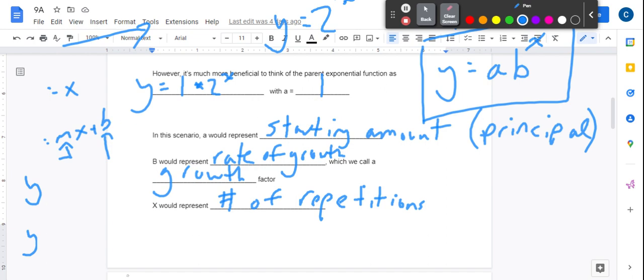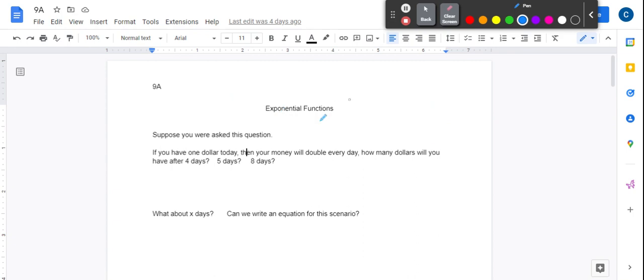We'll talk about how this thing works here. So if we have $1 today, that's going to make our a equal to 1. And then our money doubles every day, which means our growth rate is 2 because it multiplies by 2. So our b is equal to 2.